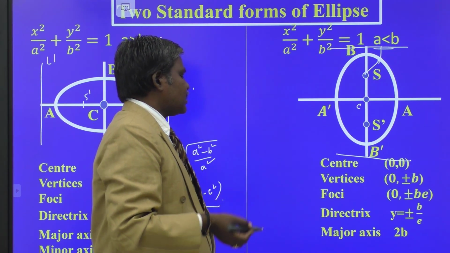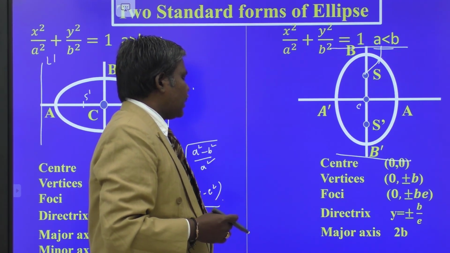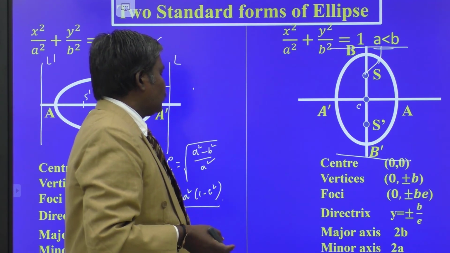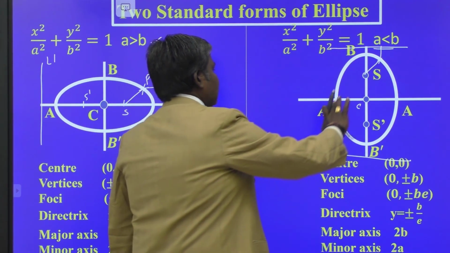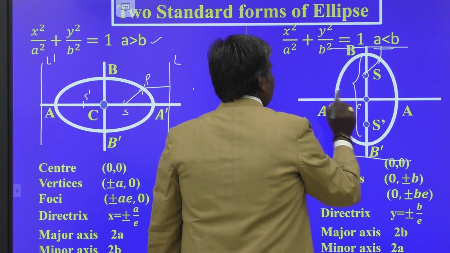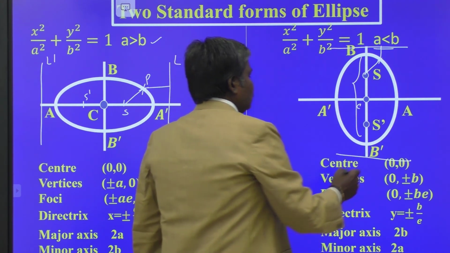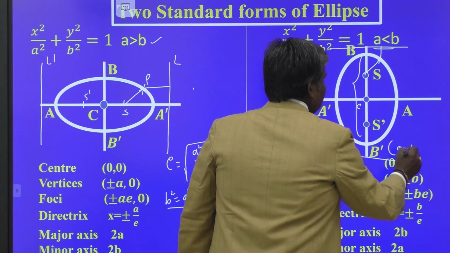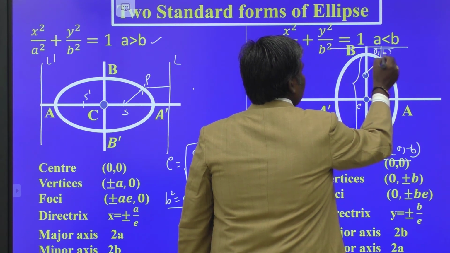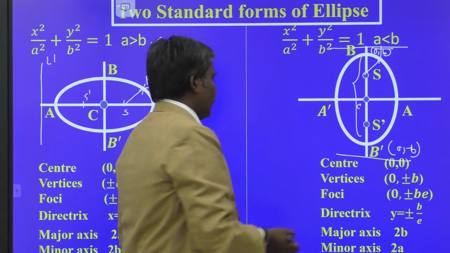Major axis is 2b and minor axis is 2a. The distance from here to here is 2b, because this is 0, minus b and this is 0, b. That is the major axis.